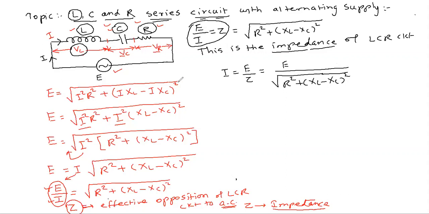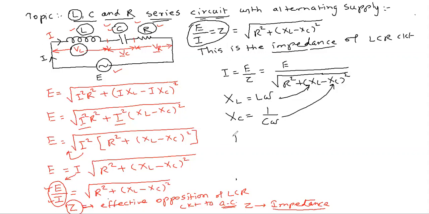Now also you know the value of XL, that is inductive reactance. So value of XL is L omega. Similarly, capacitive reactance, you know the value, that is 1 upon C omega. So now put this value of XL and XC here.